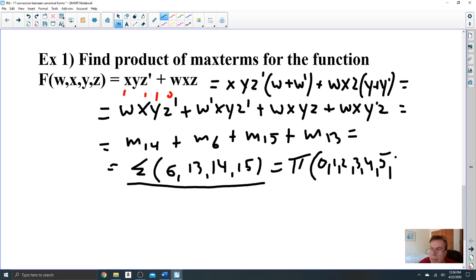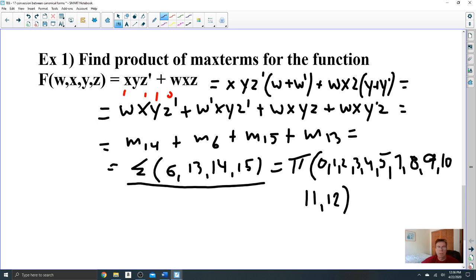So we're skipping 6 and do 7, 8, 9, 10, 11, 12. 13, 14, and 15 are minterms.